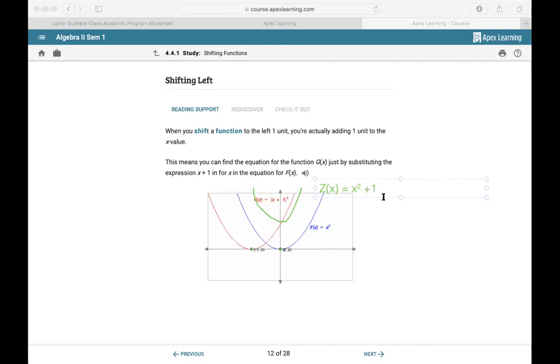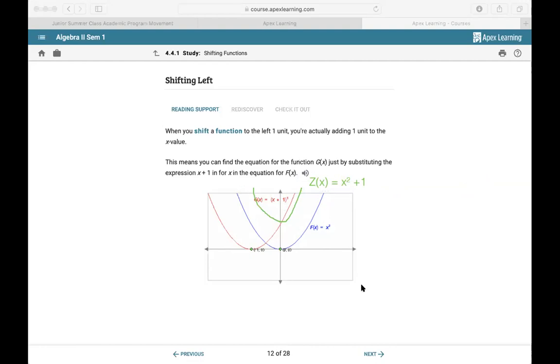That's what we just learned: moving it up and down gives us x squared plus 1. But when we're shifting functions left and right, we now have to add directly to the x value. So for this parent function, x squared, in order to move it left, we had to add a value to the x component itself. So this is now (x plus 1) squared.